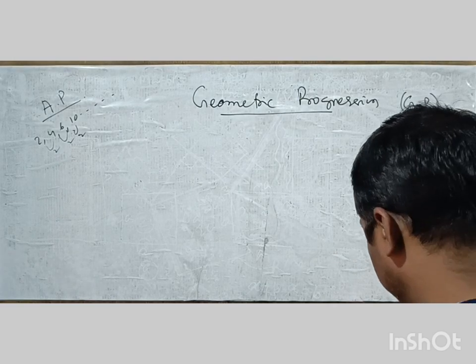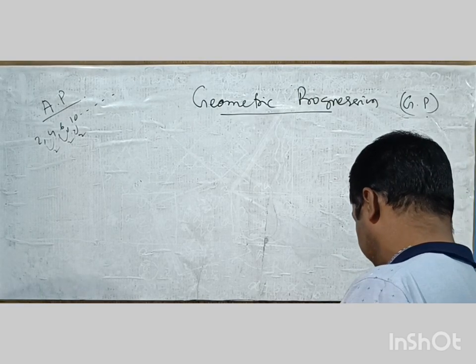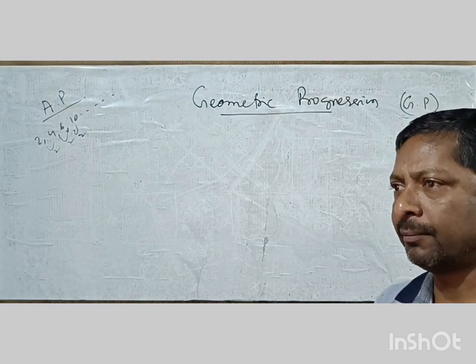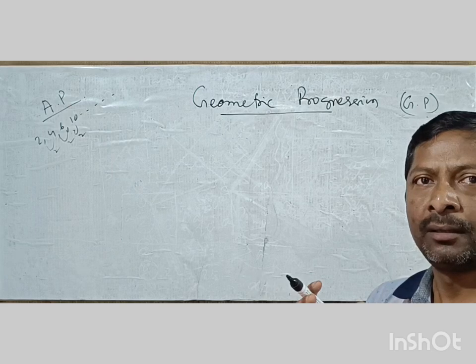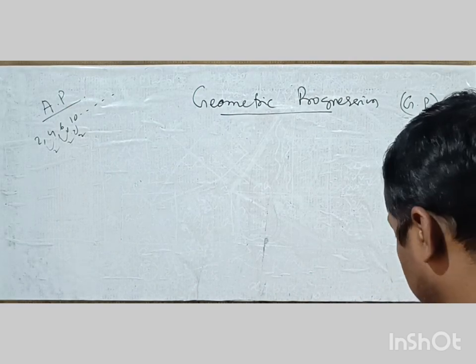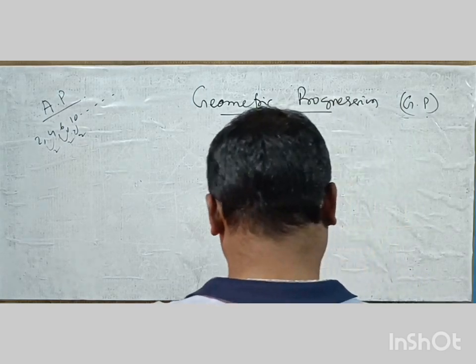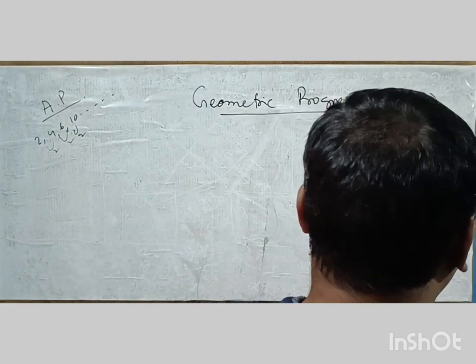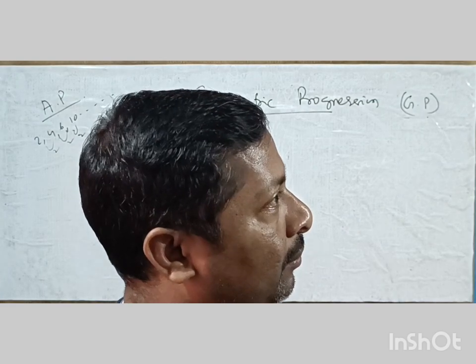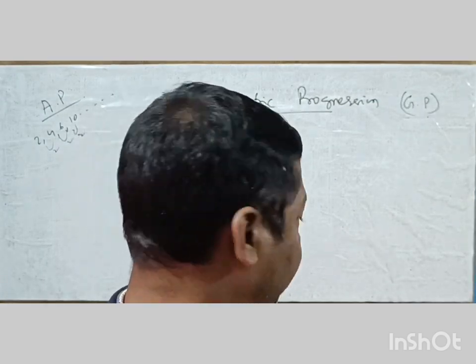The progression in which each term of a sequence is multiplied by a constant term to the previous term. Each term is obtained by multiplying the previous term by a constant number.